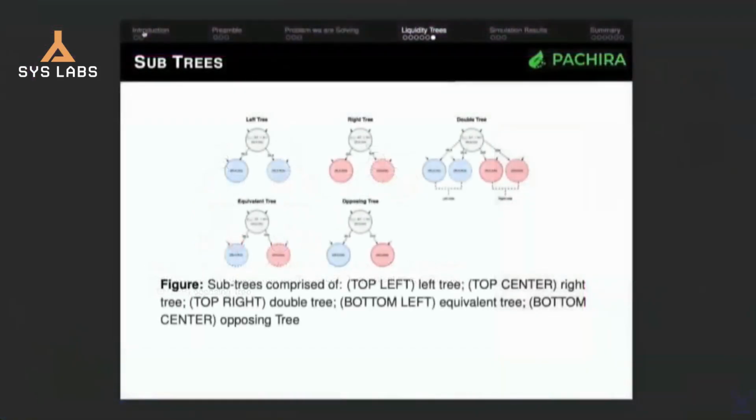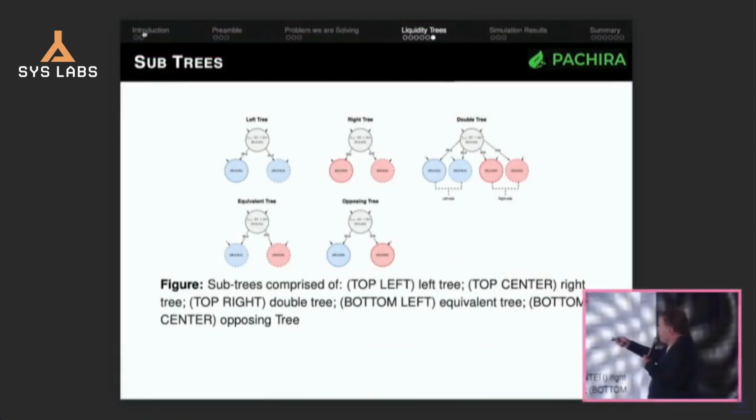We've broken the full tree into subtrees: the left tree, the right tree, the double tree, equivalent tree, and opposing tree. They all have slightly nuanced differences in how they respond according to our simulations. But for the sake of this conversation, we're just going to talk about the left tree.